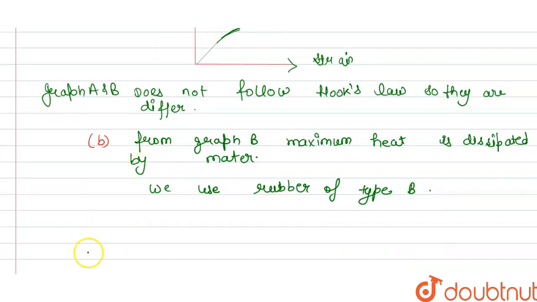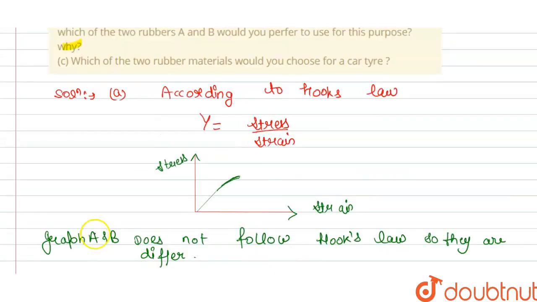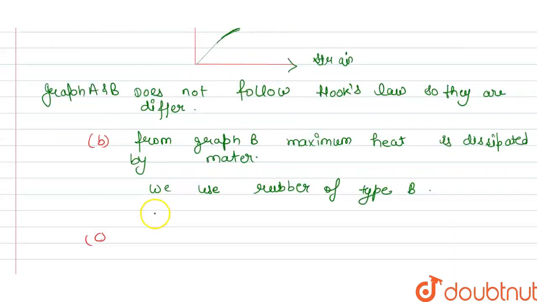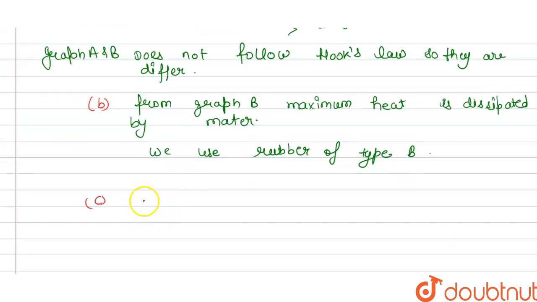Now we can solve the C part here. In the C part, which of the two rubbers would you choose for a car tire? So for a car tire, the energy dissipated must be minimum.